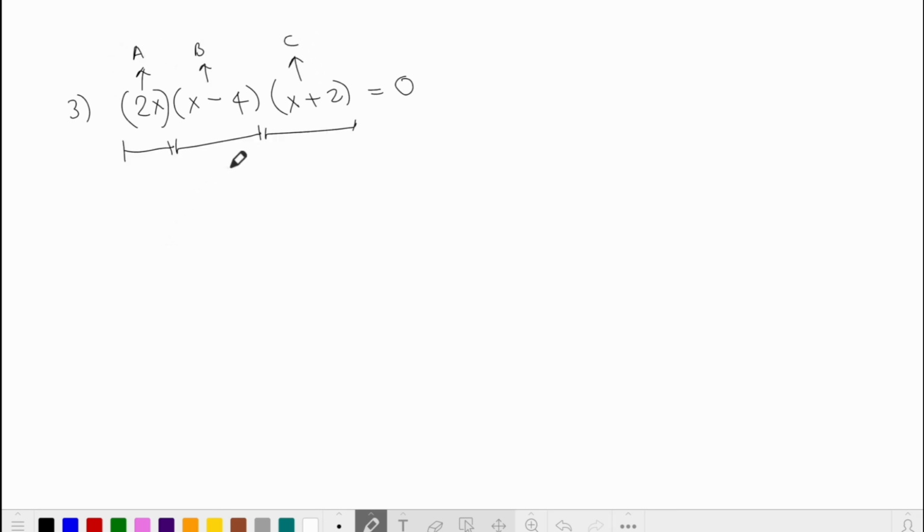So in order to satisfy the equation, either variable A has to be 0, or variable B has to be 0, or variable C has to be 0. So let's start solving the problem. So 2x is equal to 0, or x minus 4 is equal to 0, or x plus 2 is equal to 0. So in this case, the 2 cancels out because it's being divided by 2.